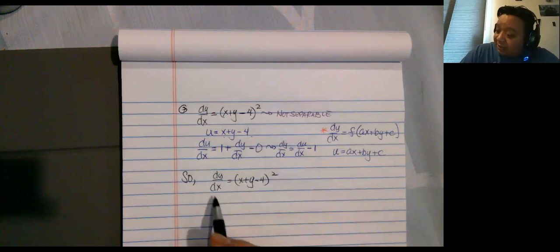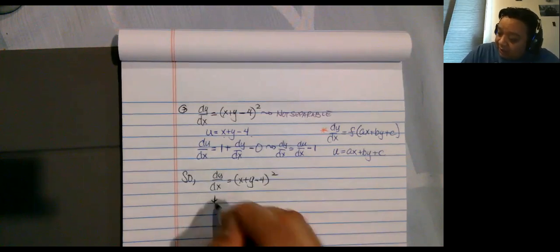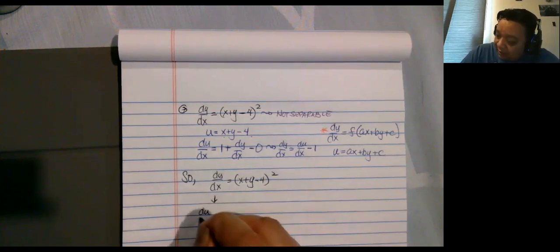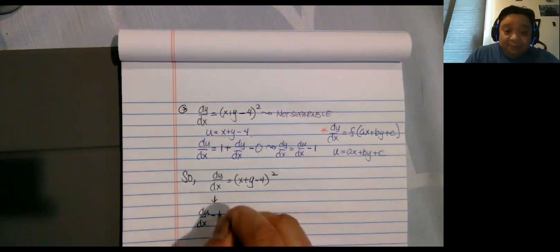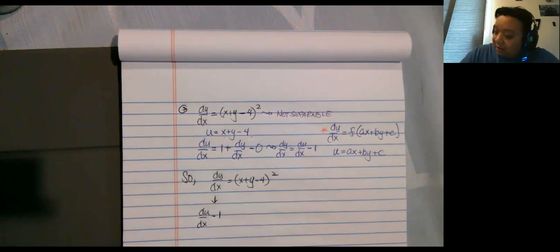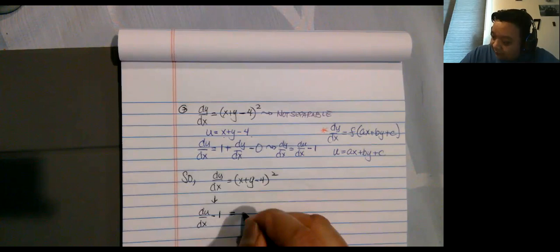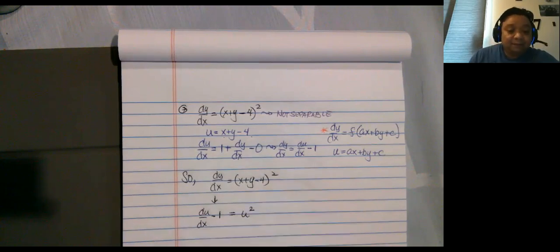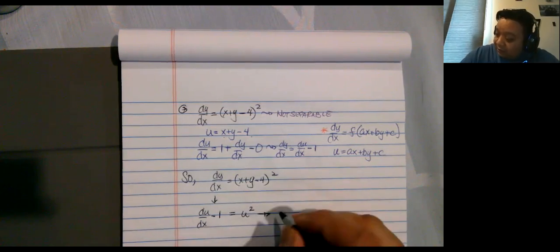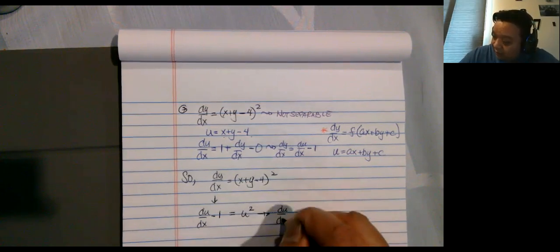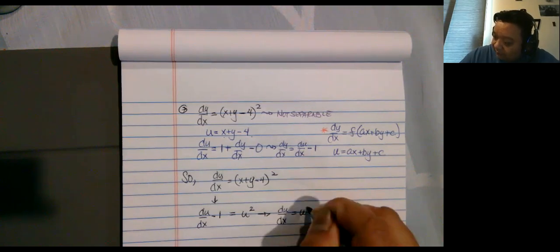Making the substitution, du/dx minus 1 is equal to u squared. If I now solve for my derivative, du/dx is equal to u squared plus 1.